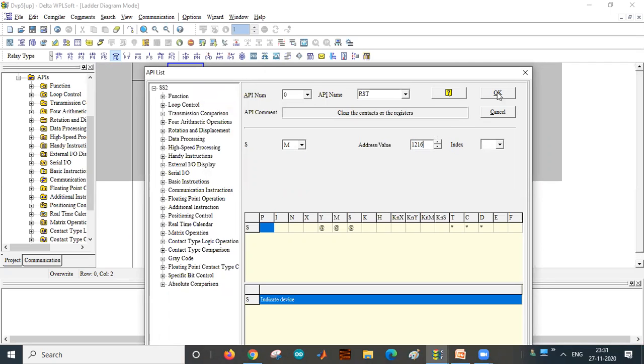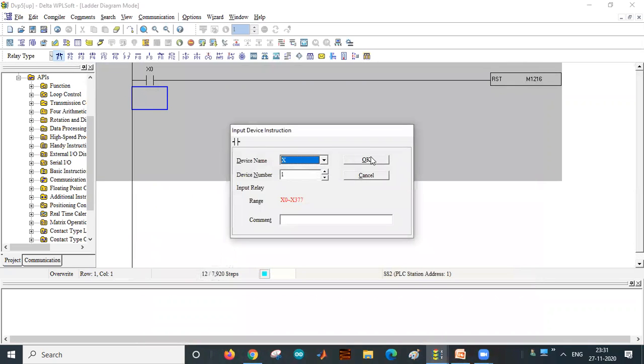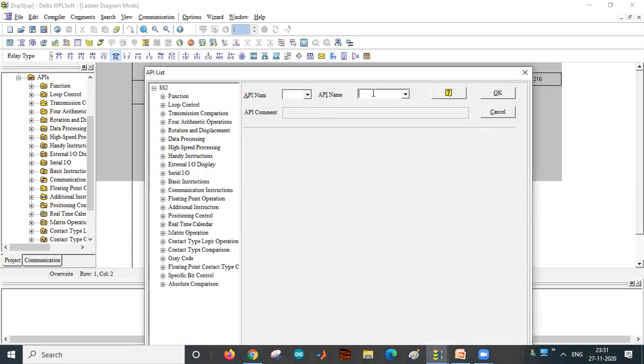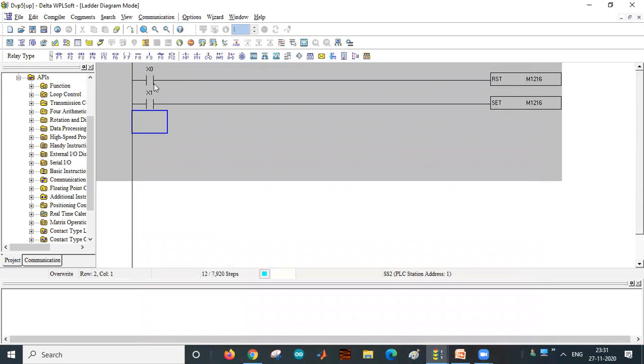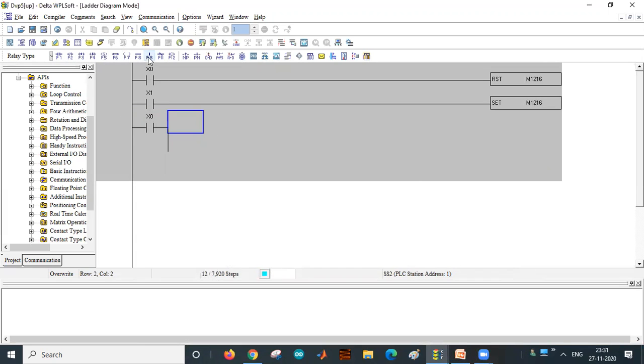And when X1 is on, you have to set M1216. Right? So in both cases, whether X0 is on or X1 is on, your counter has to be on.